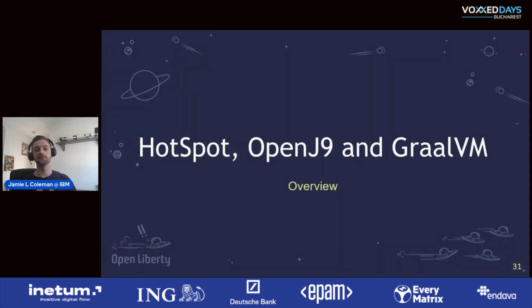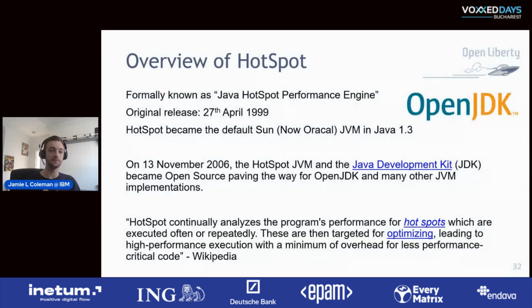Let's talk about 3 of the most popular ones used by lots of different people. The Hotspot JVM was released in 1999, and this became the default Sun JVM, which is now Oracle. And in 2006, the Hotspot JVM and the Java development kit became open source.